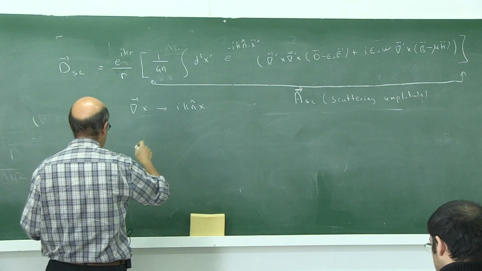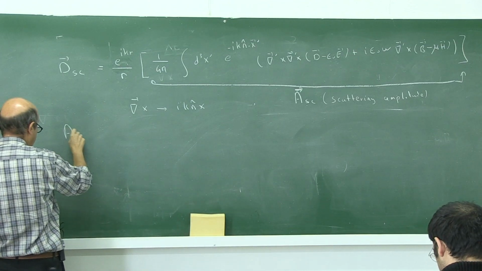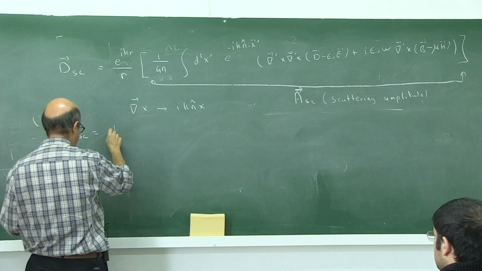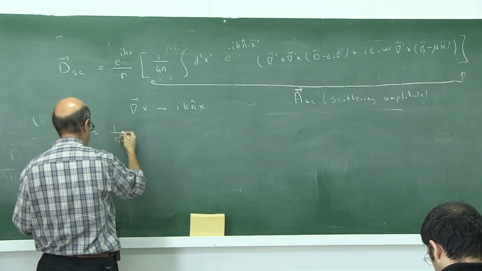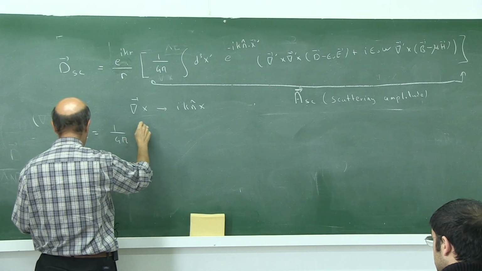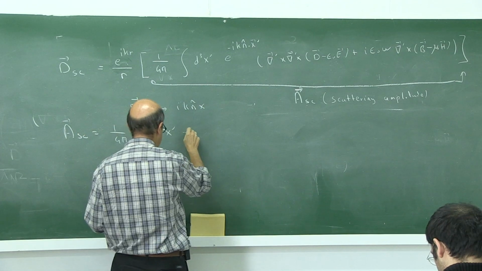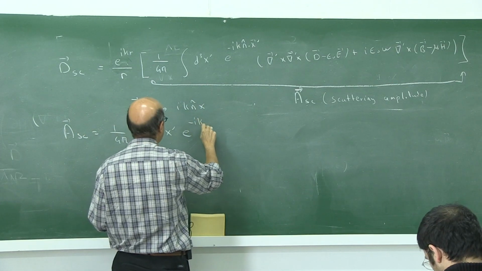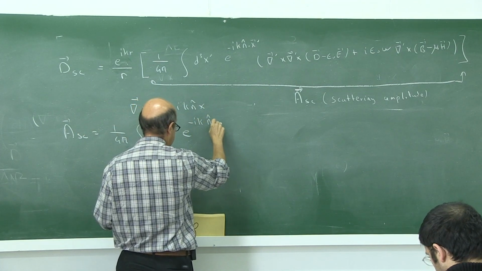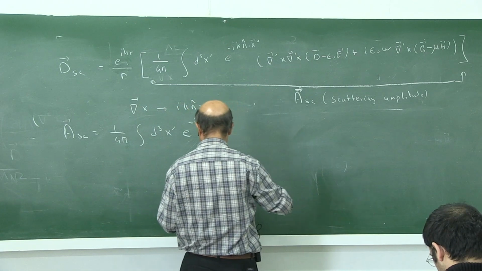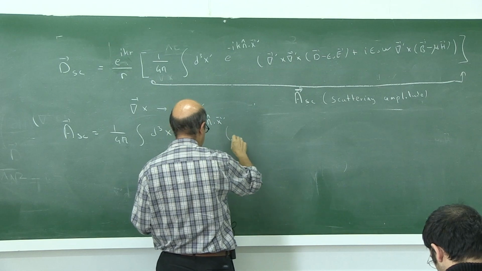So the scattering amplitude then will be in the following form: 1 over 4 pi, the integral d cube x prime e to the minus ik n dot x prime. So instead of all curls, substitute ik n cross.